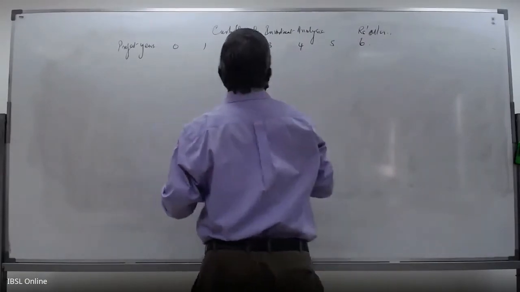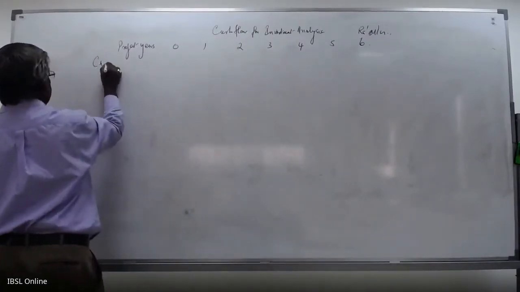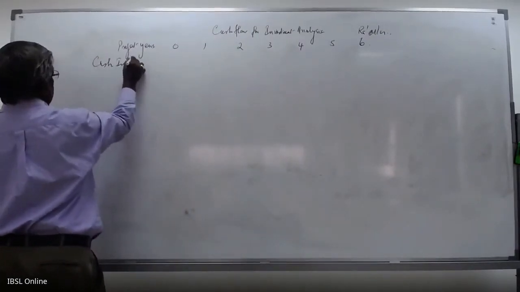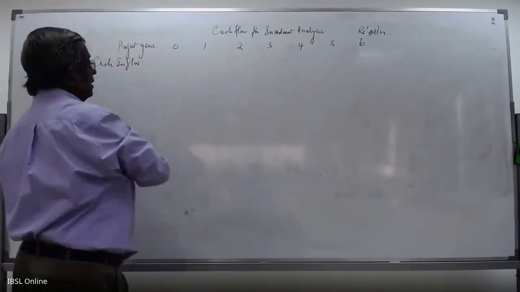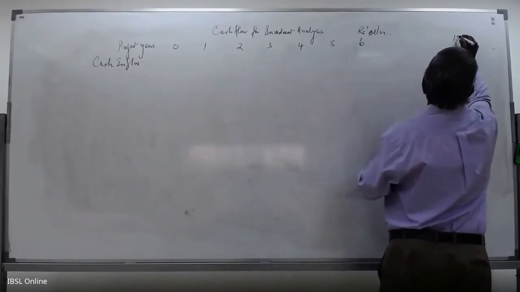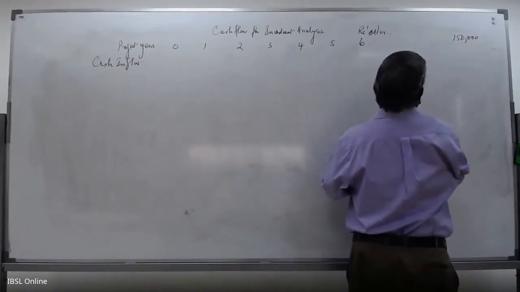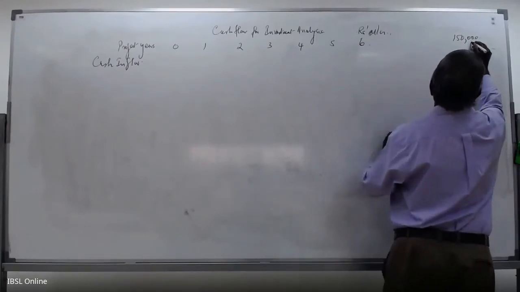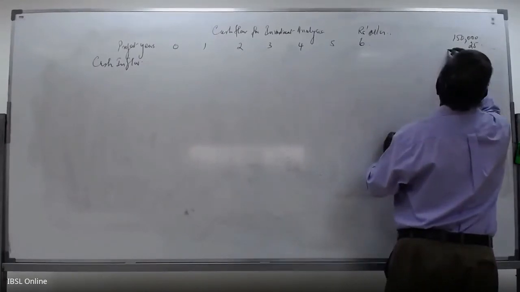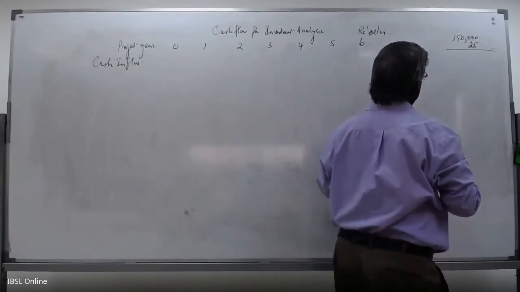So now cash inflow. First cash inflow. Annually 150,000 units. Annually they are producing and selling. Each will contribute a net cash flow of 25 rupees.